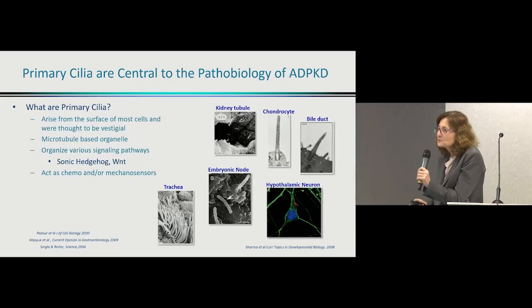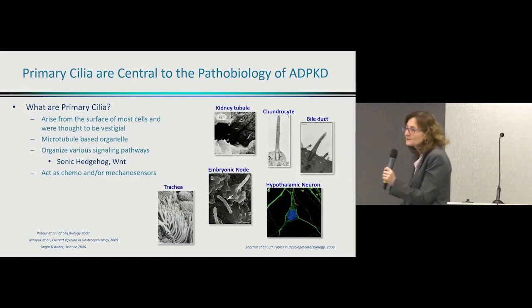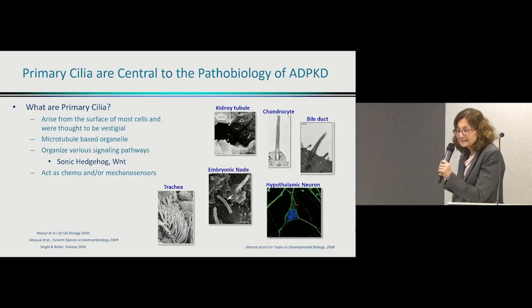And for those of you who are clinicians, you might wonder, what are primary cilia? It turns out that cilia arise from the surface of most cells in your body. I've just taken from the literature all different kinds of cells showing that primary cilia are there. At one point in our scientific evolution, these were thought not to be very important organelles, but it actually turns out that they're critical, and they organize various signaling pathways, which I'm not going to get into.